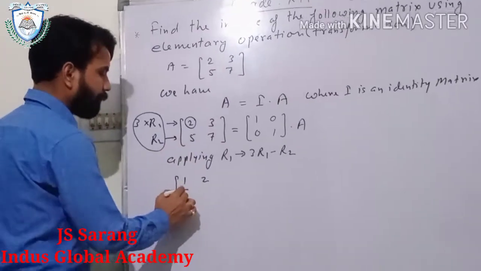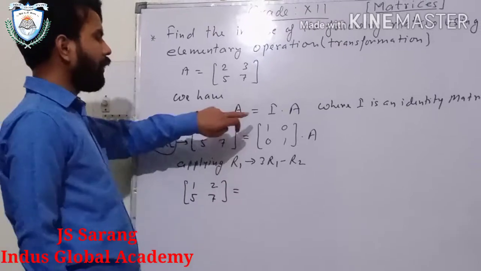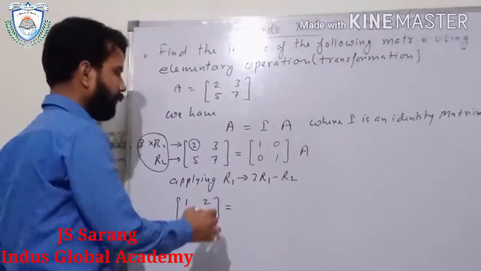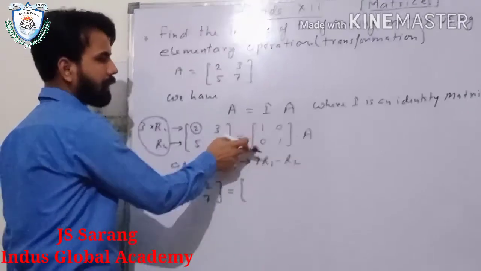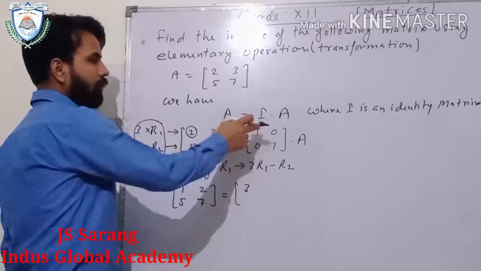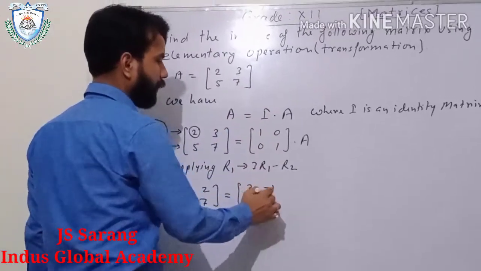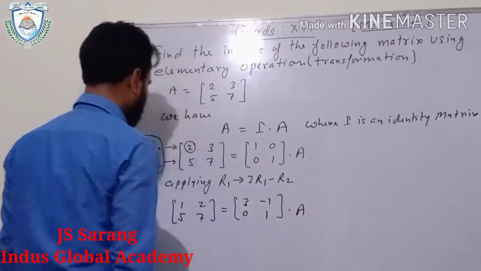R2 will remain the same, 5, 7. The same operation we will apply in this matrix also. What is 3R1? 3 1s are 3 minus R2's 0, 3. Now 0 minus 1, it will be minus 1, 0, 1, into A.